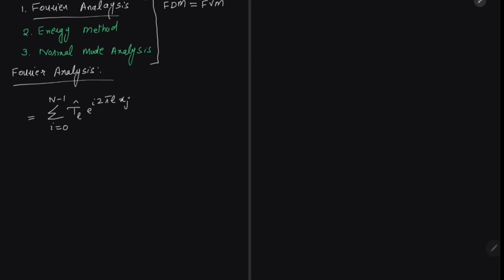This is the Fourier series, but it is written in the discrete form since we are working in numerical method. Remember that here we have generated points with xj equal to j delta x, where j is from 0 to n and delta x is 1 over n.